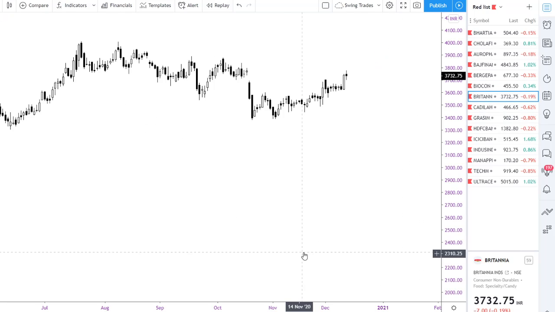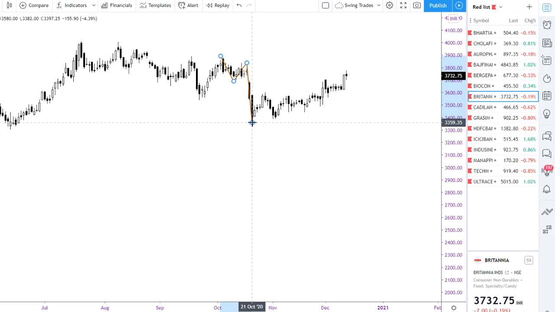The next one is Britannia. It was coming down from this level here, making a downward trend, but now we can see that the price doesn't want to go down. It looks like it wants to go up, and it is trying to do that.